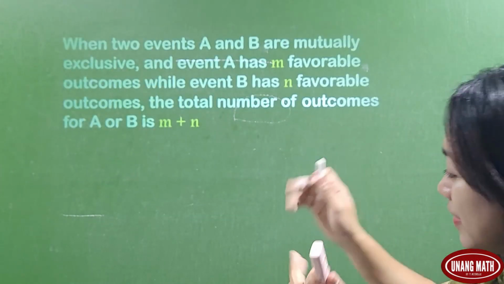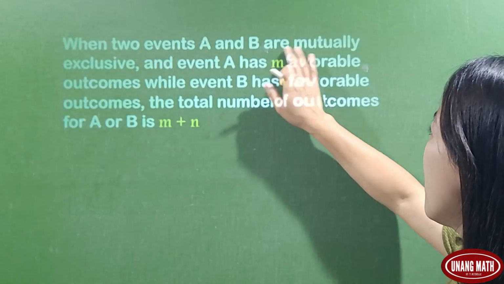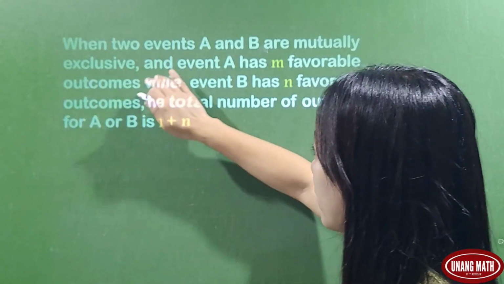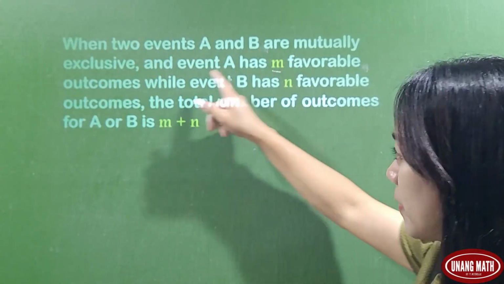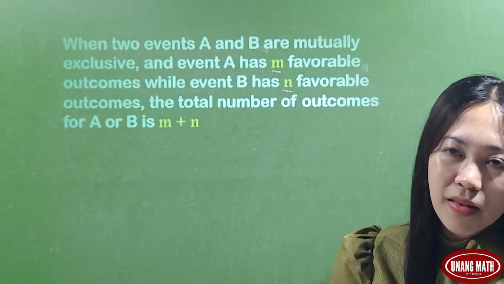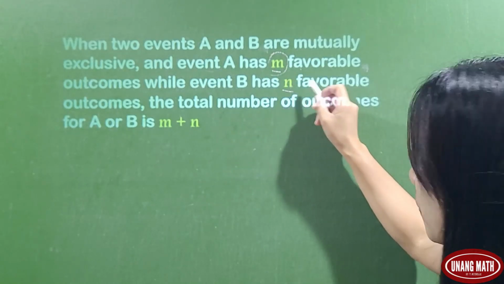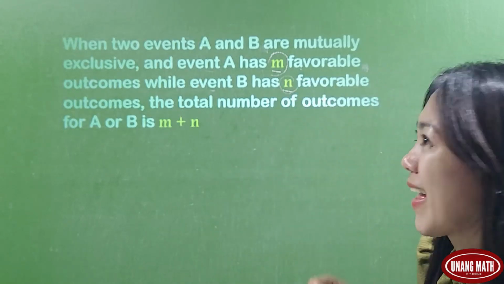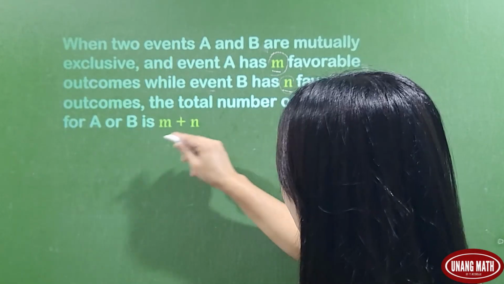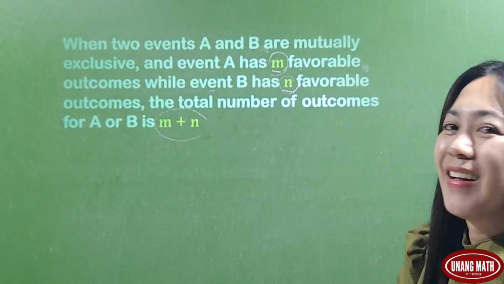Okay, when two events, A and B, so we have here event A and event B, are mutually exclusive, and event A has M favorable outcomes, while event B has N favorable outcomes, it means the number of favorable outcomes for event A is M, and the number of favorable outcomes for event B is represented as N. So the total number of outcomes for event A or event B is M plus N. So we are going to add these numbers.